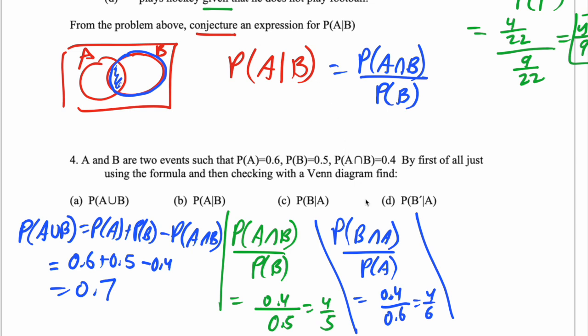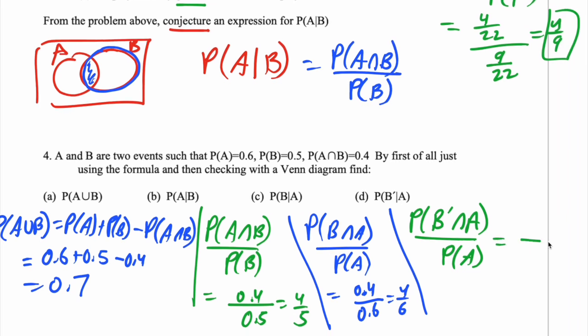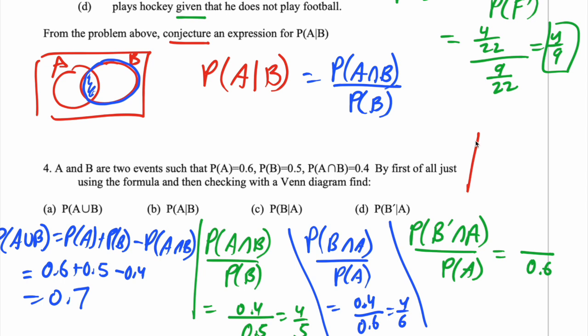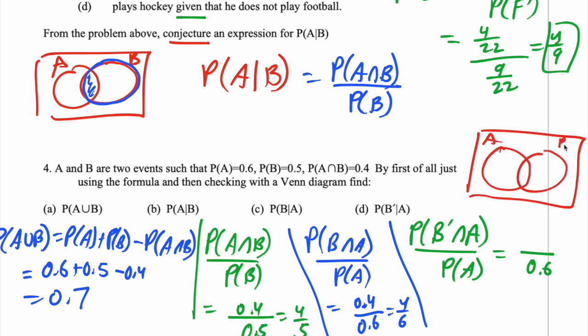And the last one here, yeah, let's see now if we can do this. You want not B and A divided by probability of A. The denominator is easy enough. A is 0.6. There's formulas for that out there, but it's probably best to just draw a diagram and put in the information we have already. We have the intersection 0.4.